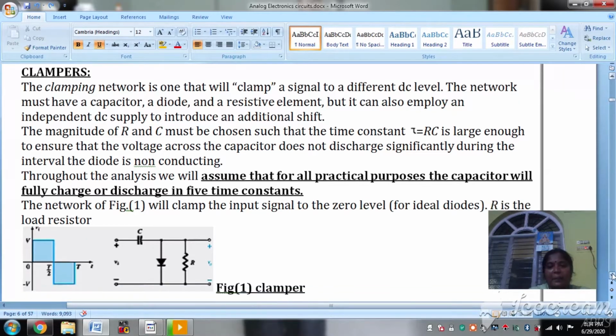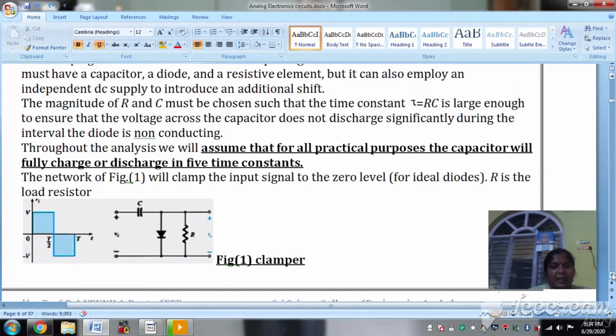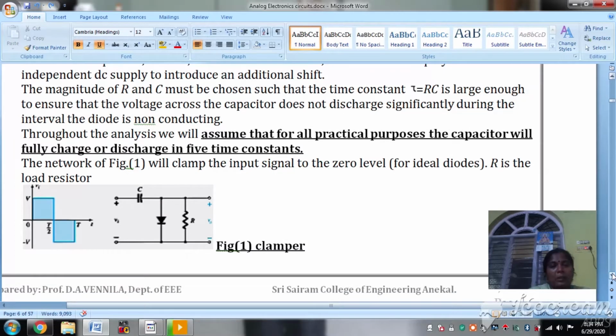The capacitor will charge some amount of energy that will be added with your AC signal, and you will get the output. Some amount of the signal will be shifted either to the positive side or the negative side. Okay, this is the circuit diagram of the clamper.